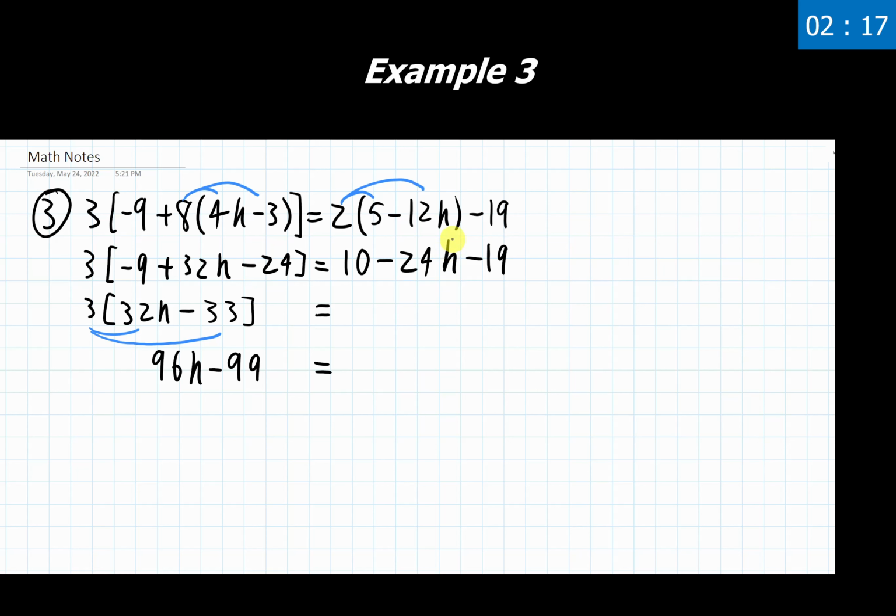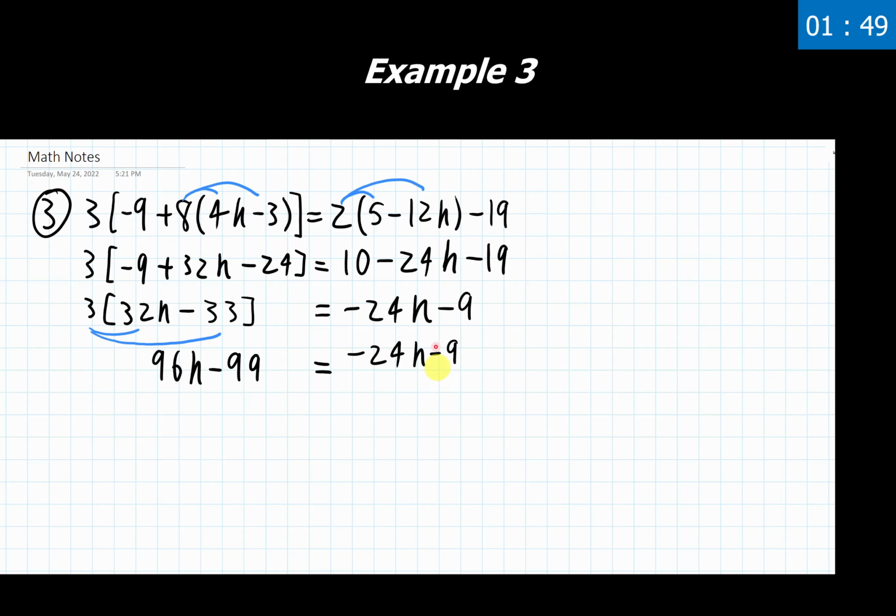There we go. Combining like terms where I can, I combine the constants together, so I get negative 24h minus 9. I can't combine these any further, so I'm just going to bring this down exactly as it was here. So I now have 96h minus 99 equals negative 24h minus 9.